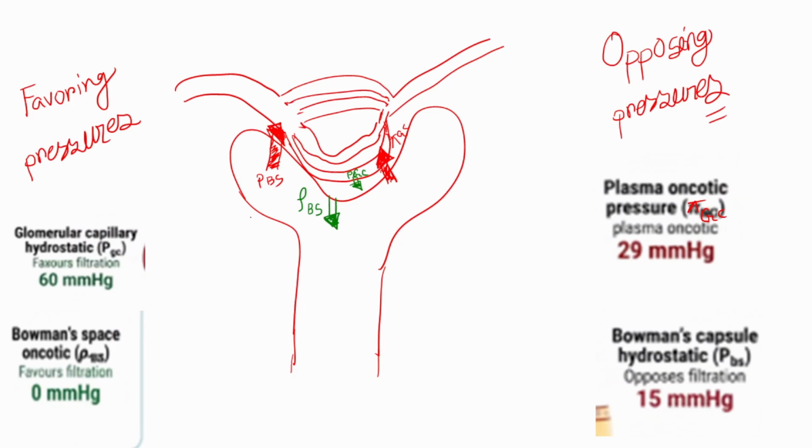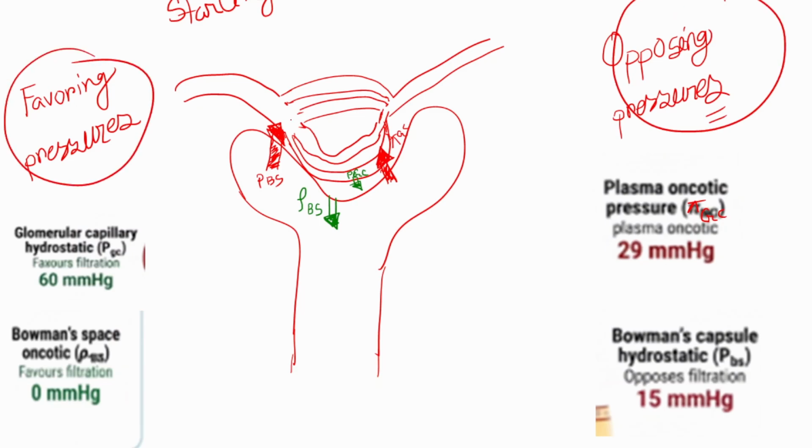Now we superimpose the physics of ultrafiltration across this three-layer barrier by mapping the precise Starling forces acting within the corpuscle. We locate the final pressure favoring filtration by subtracting opposing pressures from favoring pressures.